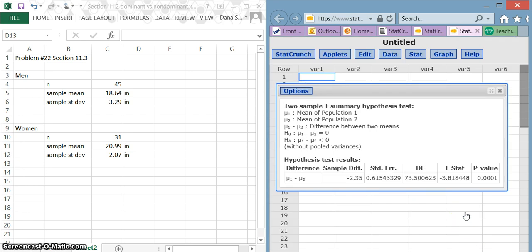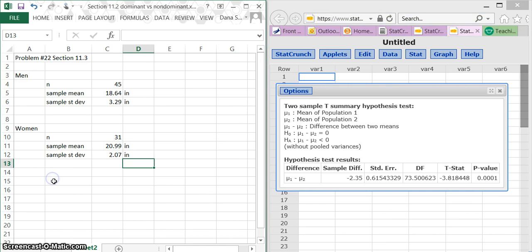My test statistic is negative 3.818448, and my p-value is 0.0001. So I'm going to put reject the null hypothesis. That would be our decision doing a hypothesis test for this flexibility, men versus women.